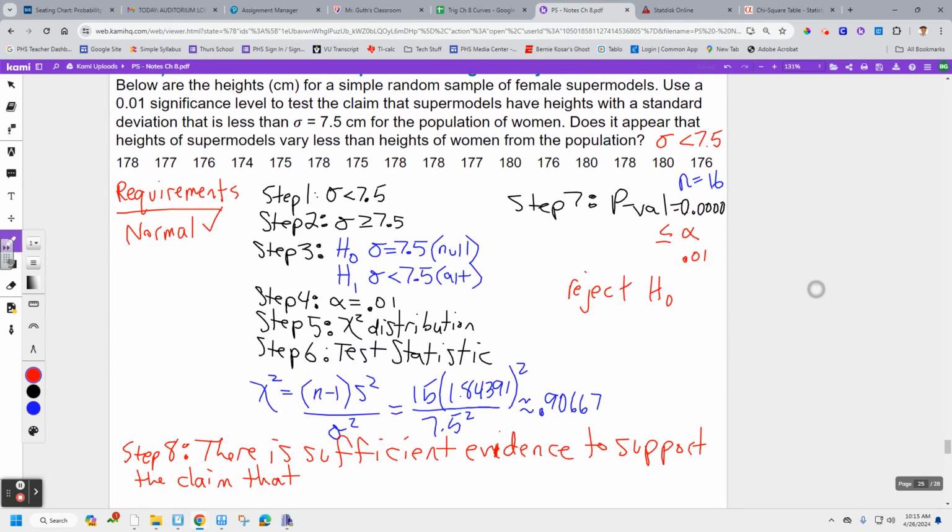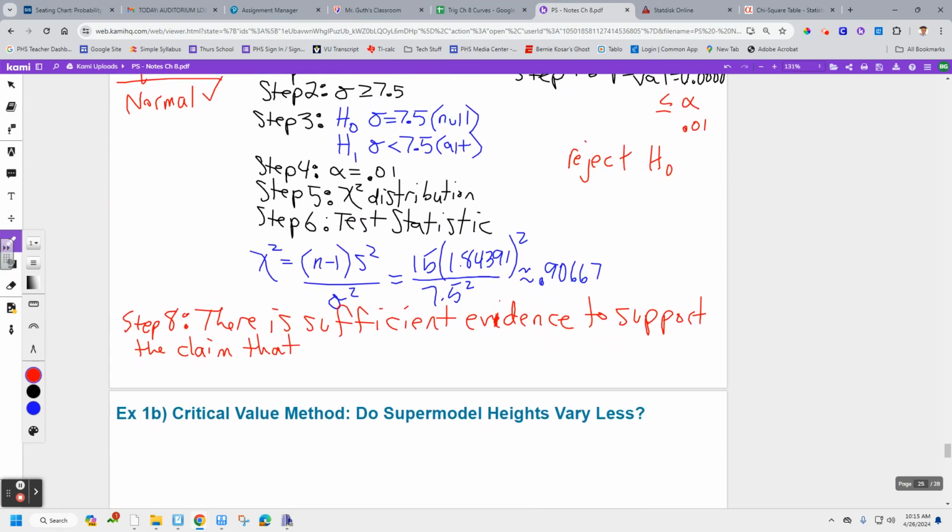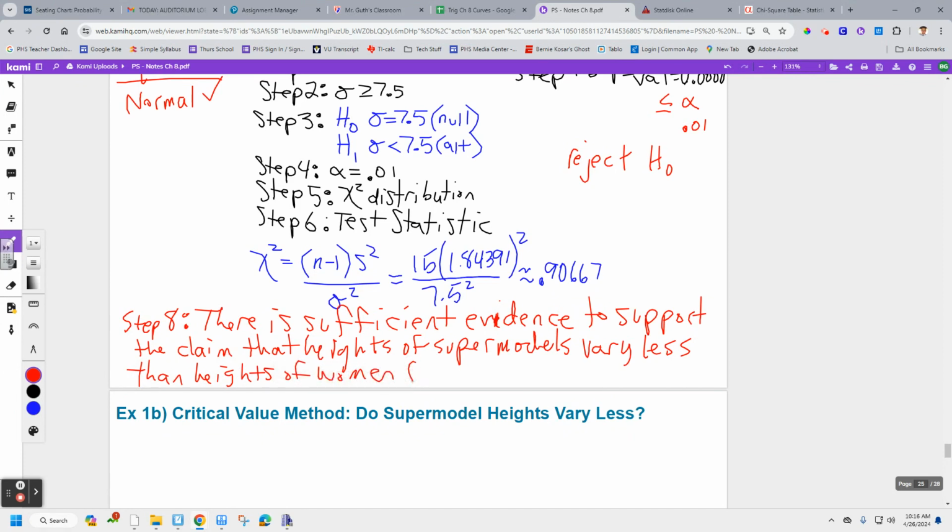Heights of supermodels vary less than heights of women from the population. Got it?